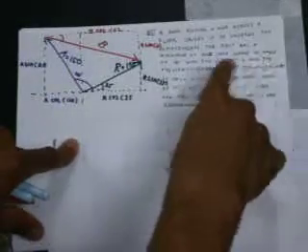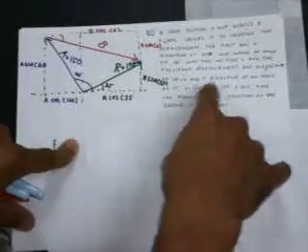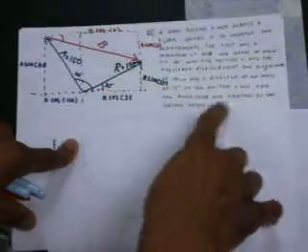And the problem is the resultant displacement, which is R, has a magnitude of 140 at an angle of 35 to the positive x-axis. Find the magnitude and direction of the second displacement.